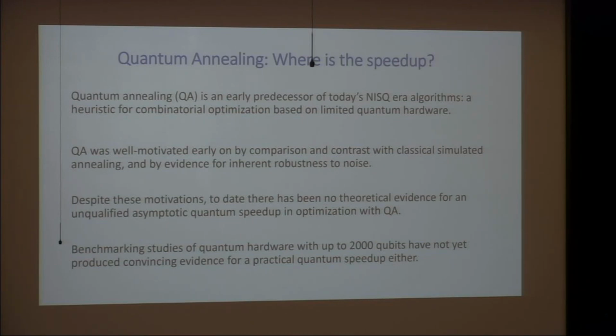But benchmarking studies of quantum hardware, which are now up to over 2,000 qubits and soon to be many more in hardware provided by D-Wave, have not produced it. I think we can summarize the story. It's been a long, interesting story, but we can summarize it by saying we so far have not seen convincing evidence for a practical quantum speedup in useful optimization tasks.